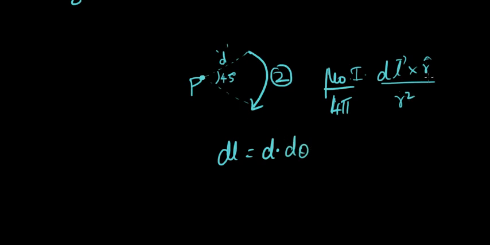And this cross product will produce a sine, let's call it phi because it's a different angle function. But if you look at sine phi here and consider a small infinitesimal part, and the angle it has with the r cap vector, it will always be 90 degrees at each point.